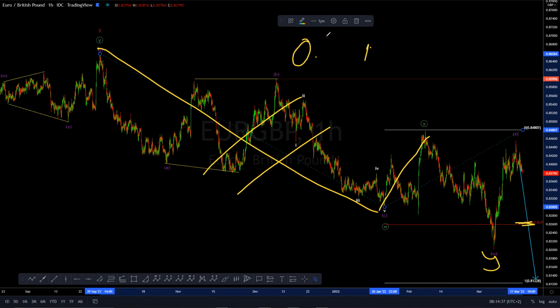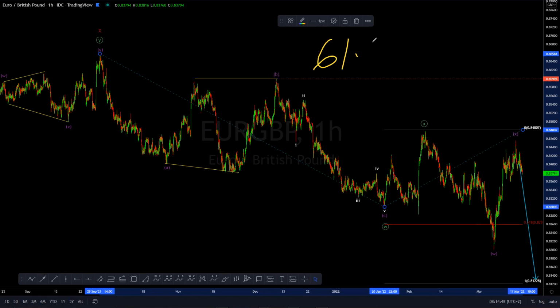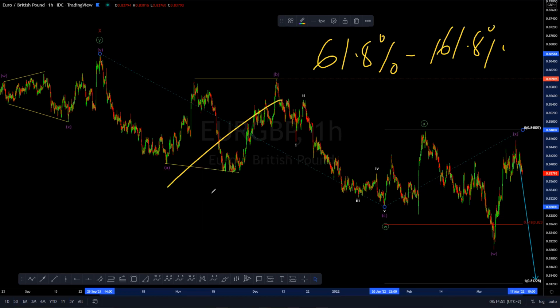So 0.618 to 161.8% extension. So it's 61.8% to 161.8% extension of W within Y, okay?